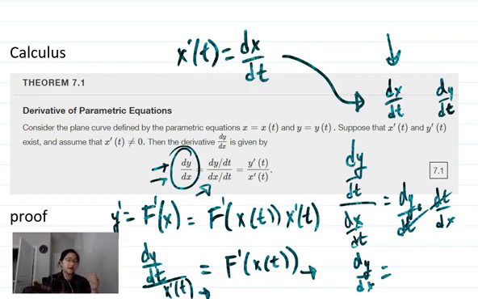So then we get dy/dx is dy/dt over dx/dt. And there you go.